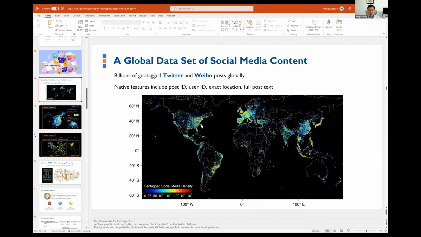When they share their location, maybe they want to share a happier or more positive state in their posts. So these are all selection or data representativeness bias issues, which are challenging.